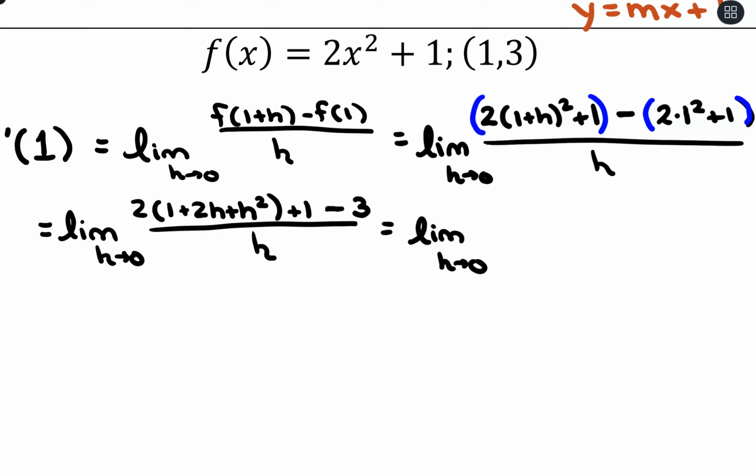Limit as h approaches 0, and something that's important is you should keep that limit notation all the way until we plug in h equals 0. It needs to stay there until we make that substitution of h equals 0. So we're going to distribute the 2, so 2 plus 4h plus 2h squared plus 1 minus 3 all over h.